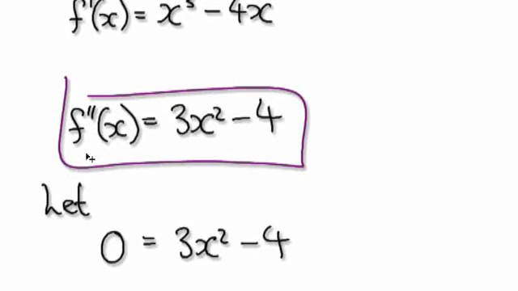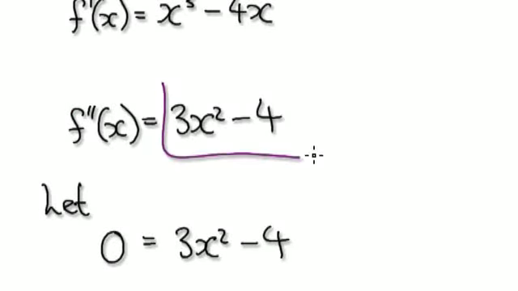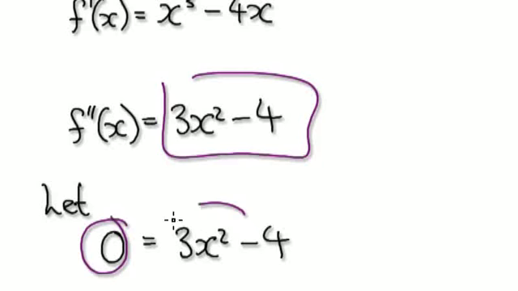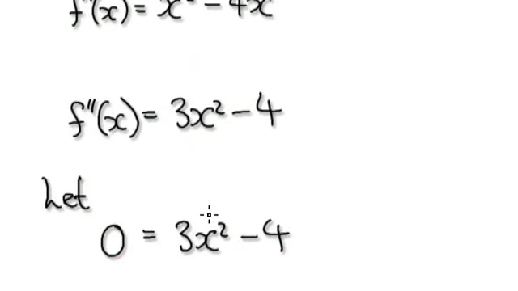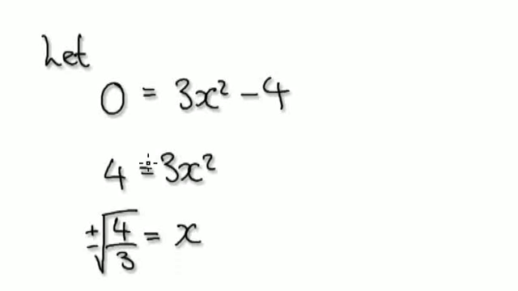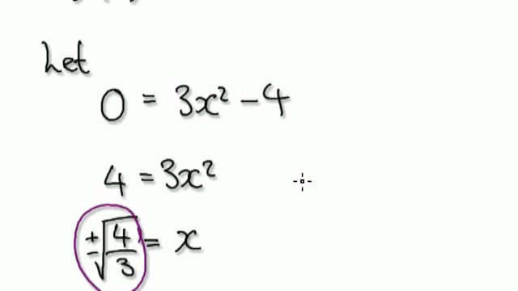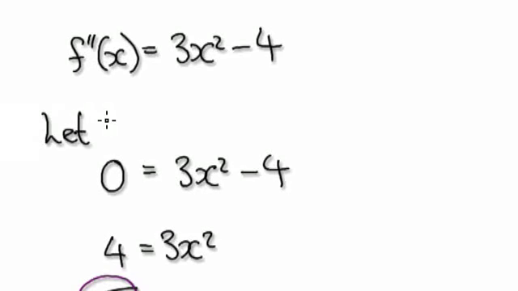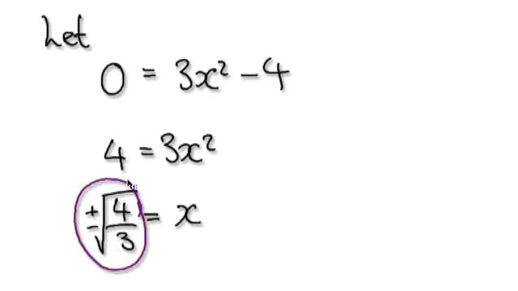Now we want to find out when this will be 0. So let f double prime equal 0, and then solve: x equals this. When x equals this, that will be when f double prime is 0.